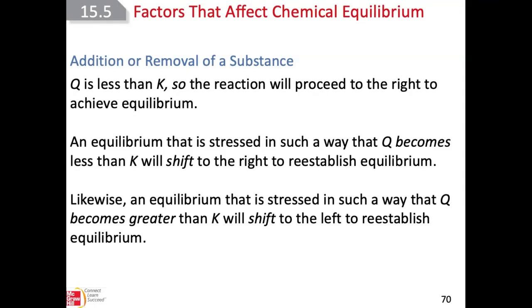So you see Q is less, that means the reaction will move to the product side. It will make more product now, and it will reestablish equilibrium. And likewise, an equilibrium that is stressed in such a way that Q becomes greater than K will shift to the left to reestablish the equilibrium.